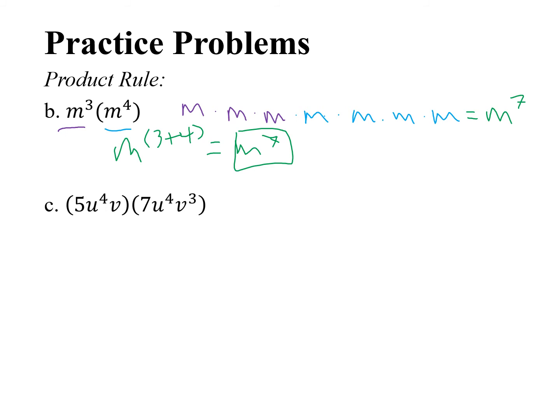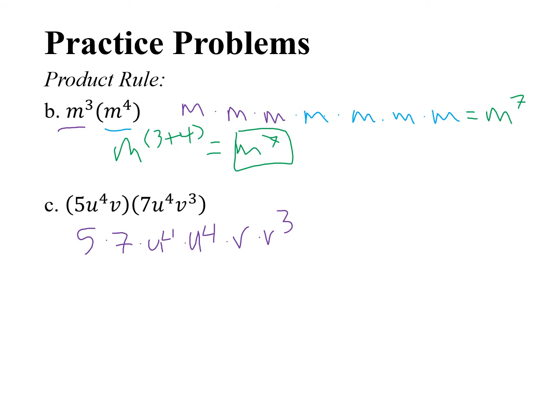So I'm just going to shuffle my pieces around so I have my like terms next to each other. I have 5 times 7. I have u to the 4th times u to the 4th times v times v to the 3rd. All I've done is shuffled my pieces around because I can do that with multiplication.